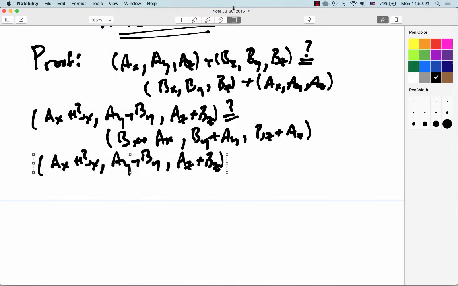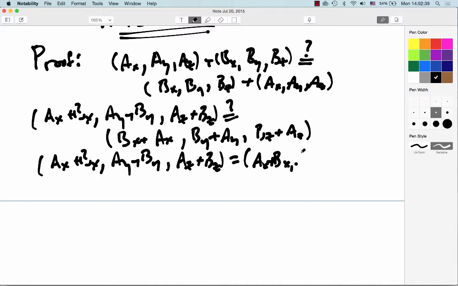Even though I couldn't just flip these two vectors, I am allowed to flip the order of these, because that's just scalar addition. We know that commutes. So we'll say that that's AX plus BX, comma, AY plus BY, comma, AZ plus BZ. And hey, term by term, they are all equal. And that completes the proof.